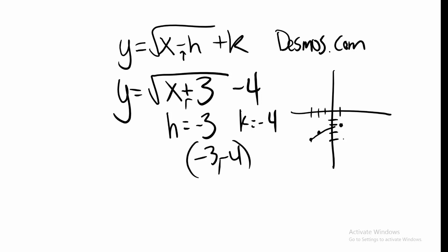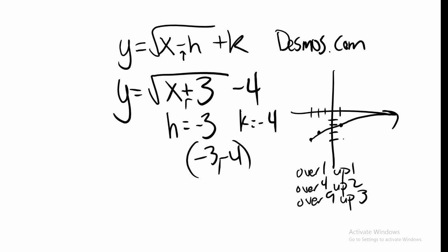This creates the slowly increasing graph for this square root function. So the general rule is, from your starting position, over 1, up 1, and then over 4, up 2. If you wanted the next point, that's easy: over 9, up 3. It's just the square roots that we know that are used for this.